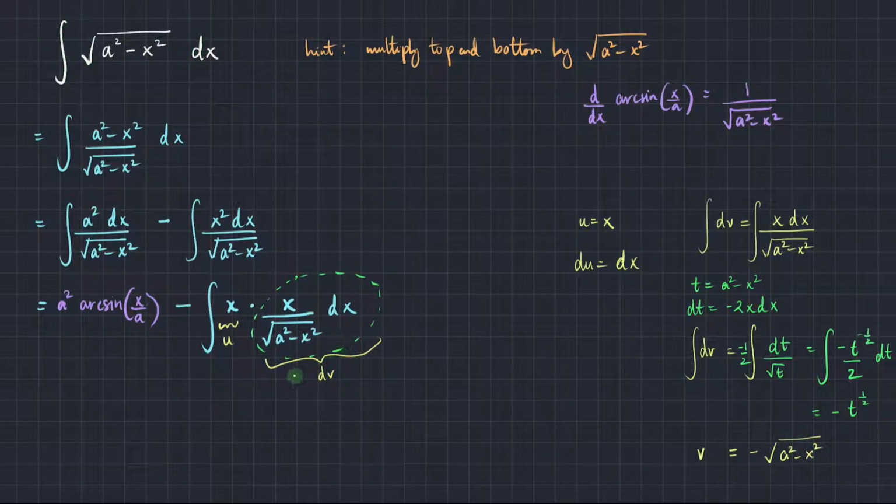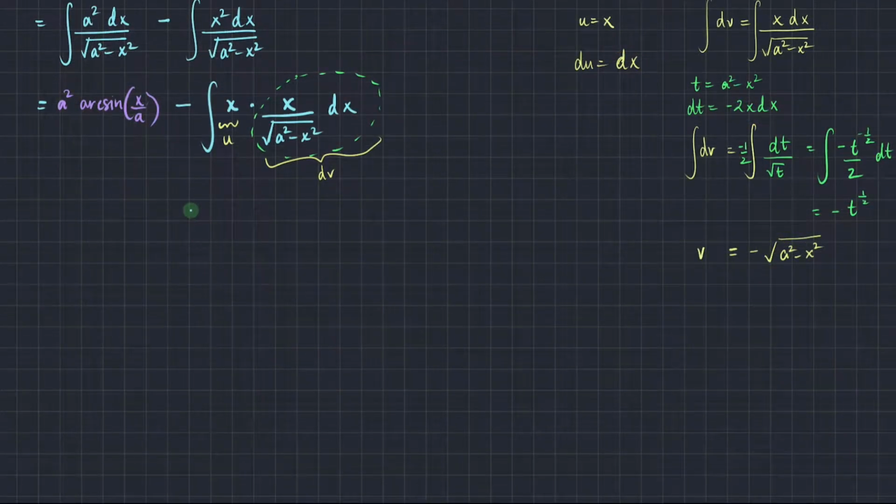Let me remind you that what we were doing is integrating the second integral over here by parts. We had set u as x and dv as x dx over root a squared minus x squared. So applying the integration by parts formula, we get negative of u times v, which is x times negative root a squared minus x squared.